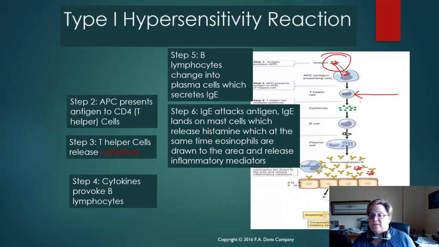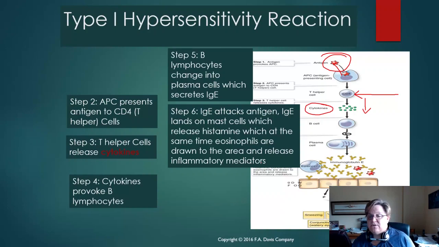That T helper cell then excretes cytokines, and the cytokine is an important word that you should remember as we move through this unit. Cytokines are useful in many instances, but they're also an excreted product that we might use medications to block.